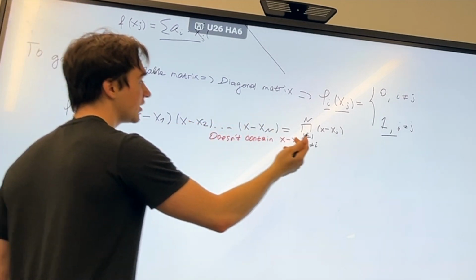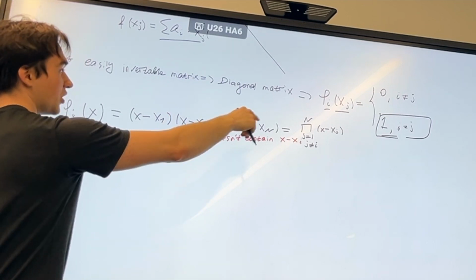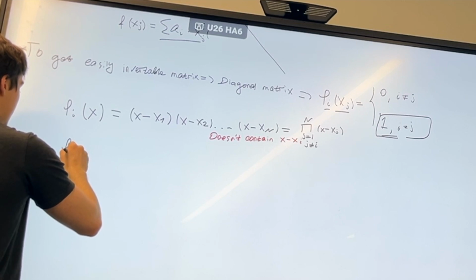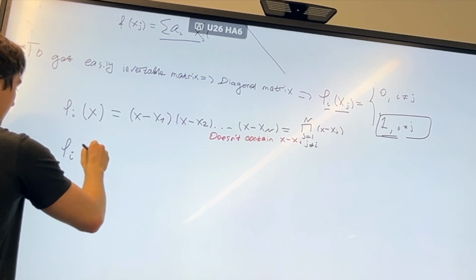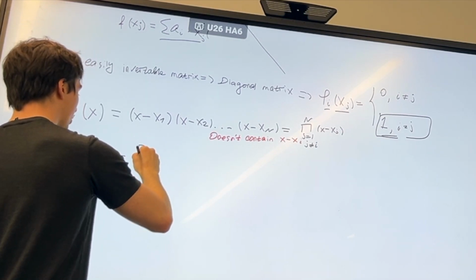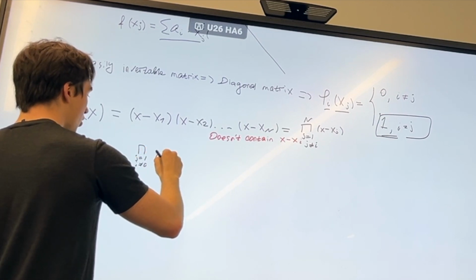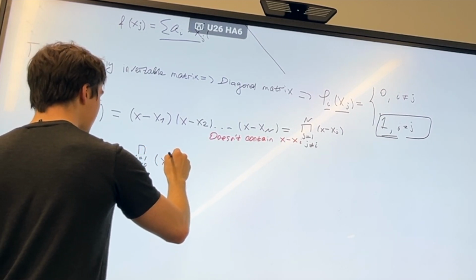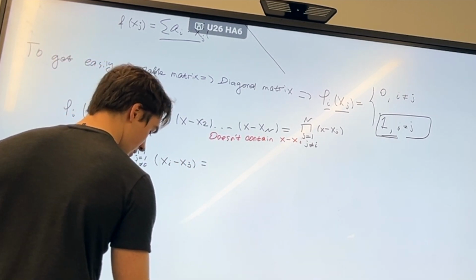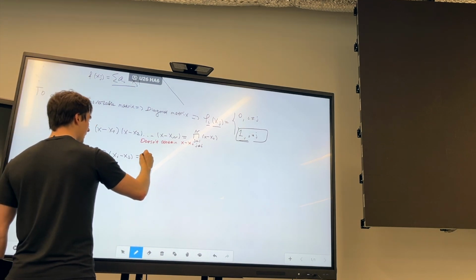And now all that is left is to normalize our function so that at point xi we have 1. Let's see what we have at point xi of our function phi i. It will be equal to the product from j equal to 1, j not equal to i, of xi minus xj. And we want that value to equal 1.